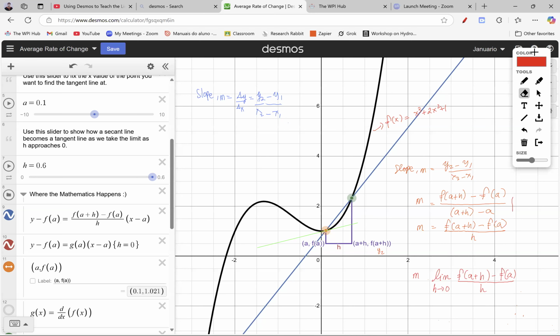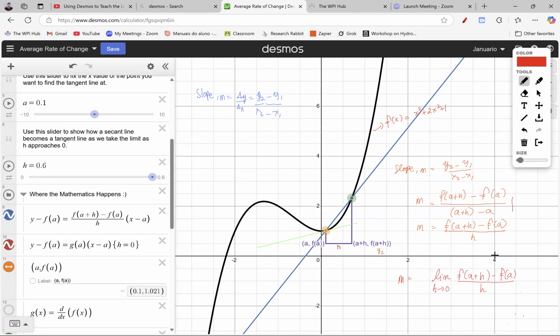You understand what I'm saying, correct? Yes, teacher. Okay, so that's the slope of that. That's why you take the limit of that.